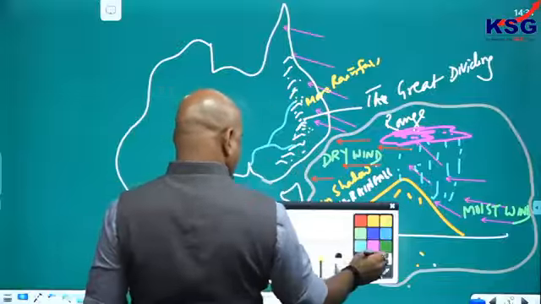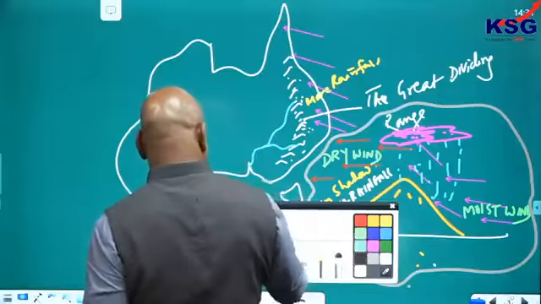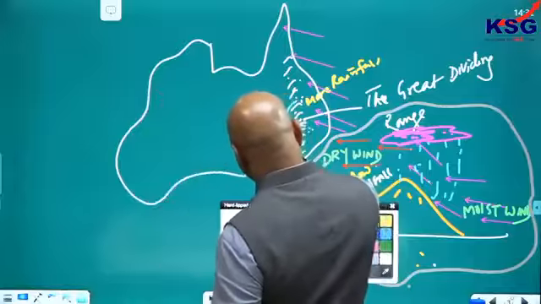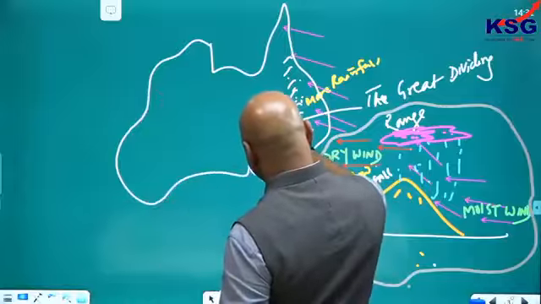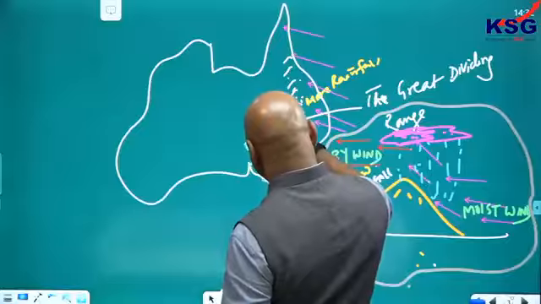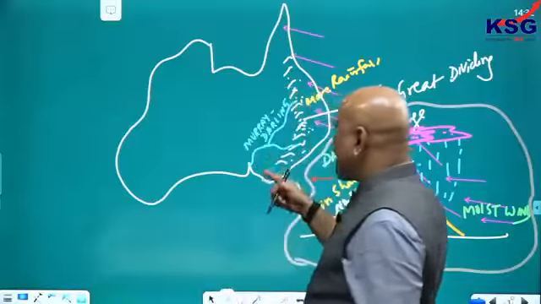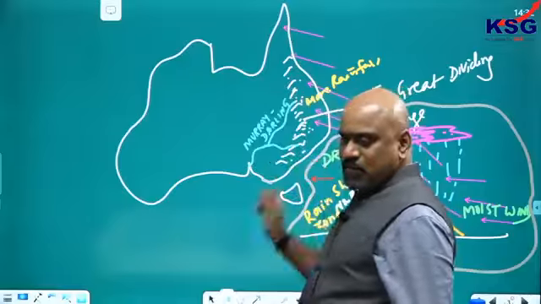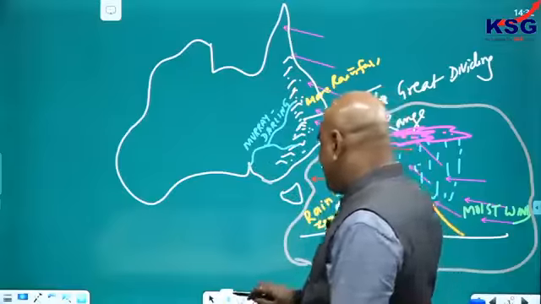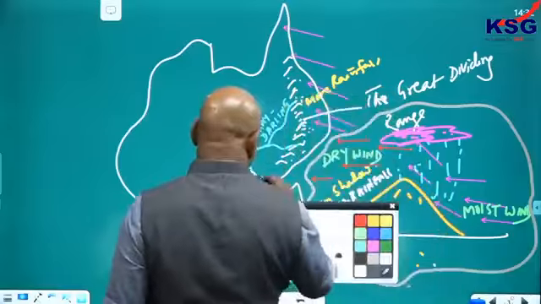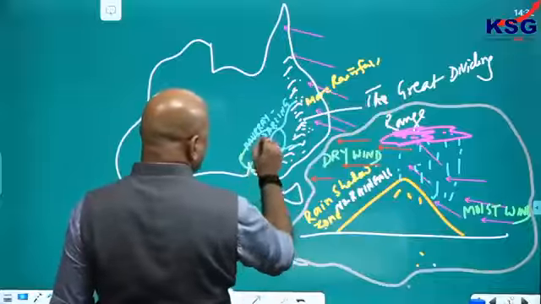Yes, the name of the river is Murray-Darling river.